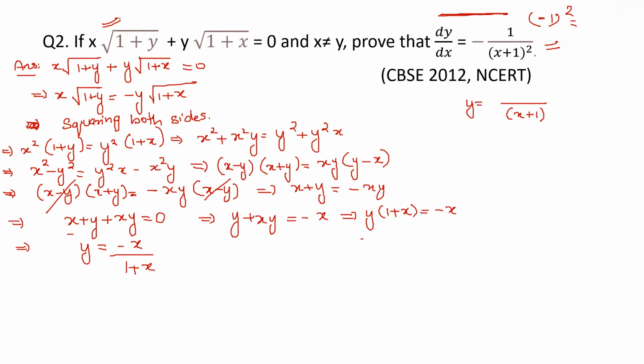Good, Fahad. So did the answer end over here, or do we have to differentiate it further? Now you need to differentiate it. You need to prove that dy by dx is equal to minus 1 by x plus 1 whole square.